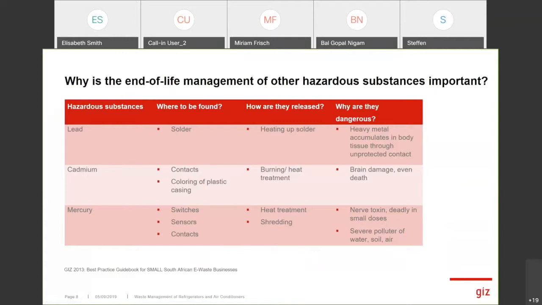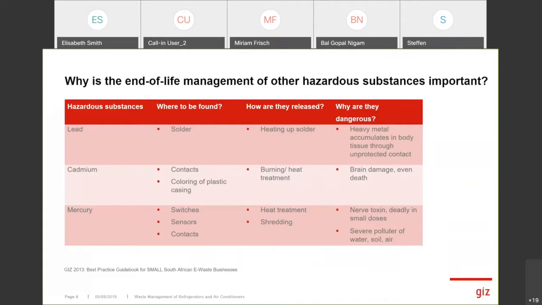Why is the end-of-life management of other hazardous substances important? With end-of-life treatment, we find in these appliances also, for example, on the first row, lead.